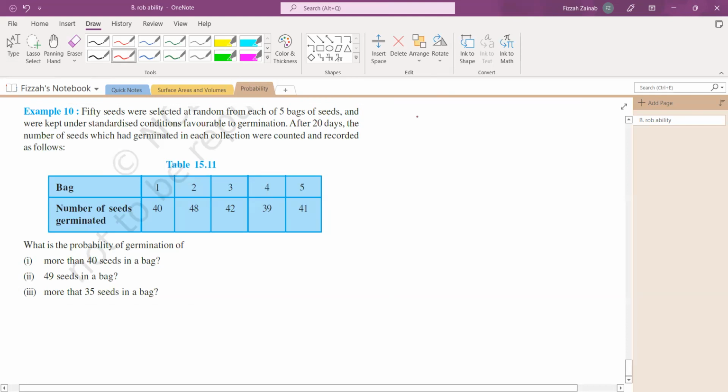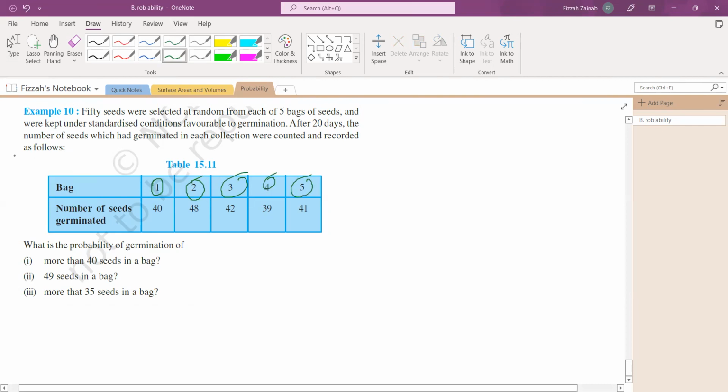Now, 50 seeds were selected at random from each of 5 bags of seeds, okay, and were kept under standardized conditions favorable to germination. After 20 days, the number of seeds which had germinated in each collection were counted and recorded as follows. So basically, in the question, they have taken 5 bags, bag number 1, bag number 2, 3, 4, and 5, right?